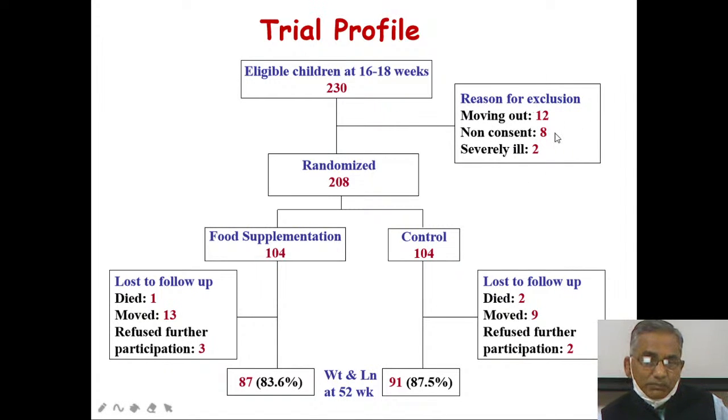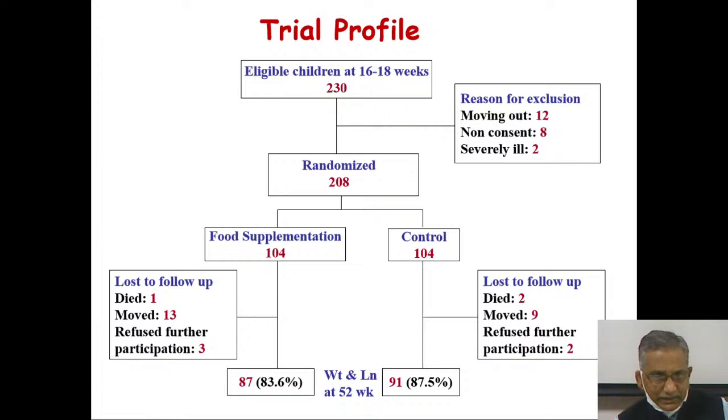So these 12 plus 8 plus 2 are 22. So these 22 patients were excluded from the study. 230 minus 22 is 208. So 208 patients were actually enrolled in the study, and they were randomized in a 1:1 ratio, 104 to the intervention arm and 104 to the control arm.